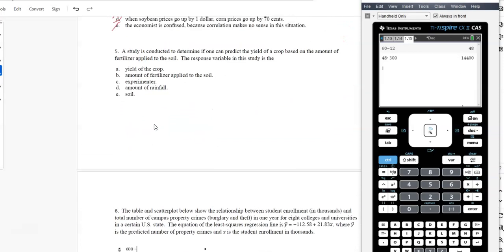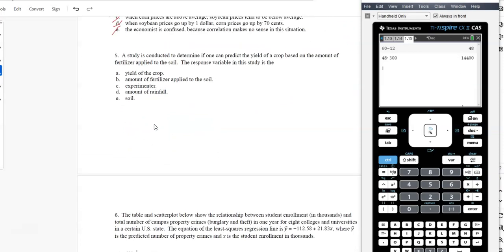The study is conducted to determine if one can predict the yield of a crop based on the amount of fertilizer applied to the soil. The response variable, so we're going to predict the yield of crop. So remember, yield of crop is the measured, we're predicting the y value.